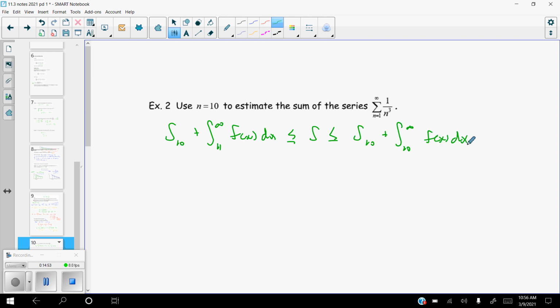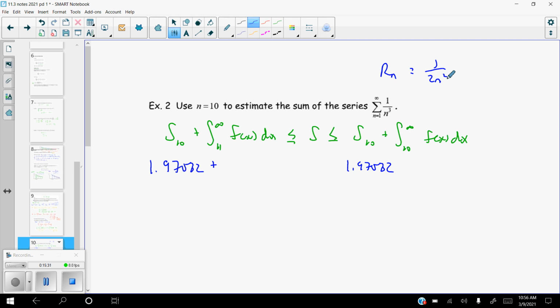Again, we've already found the partial sum s sub 10. I'm not going to write every single decimal out, just the first 5 decimals or so: 1.97532. That's what s sub n is. As far as the integral from 11 to infinity and 10 to infinity, those are the remainders. We have the formula for the remainder on the other page, which I believe was 1 over 2n squared.